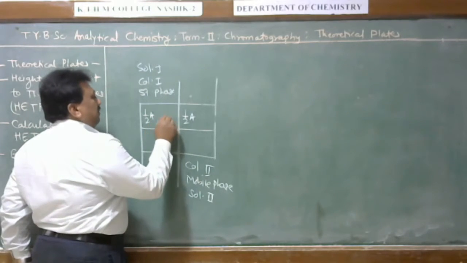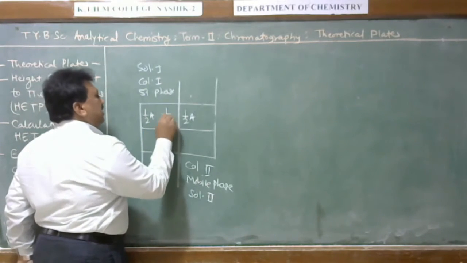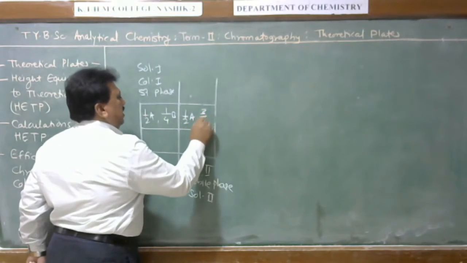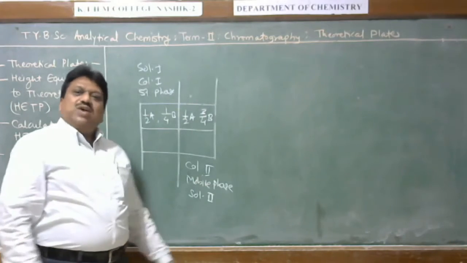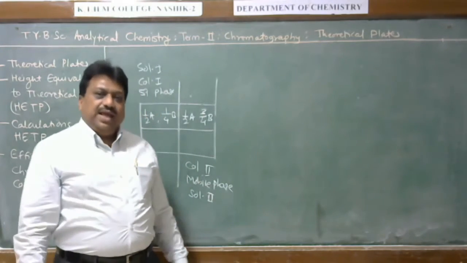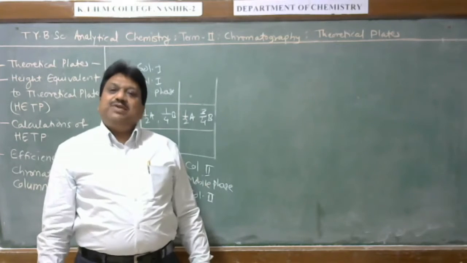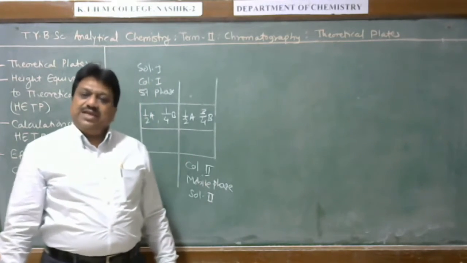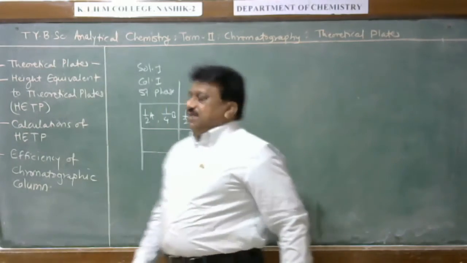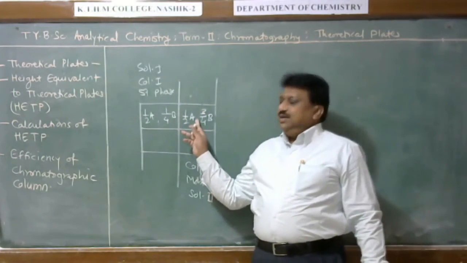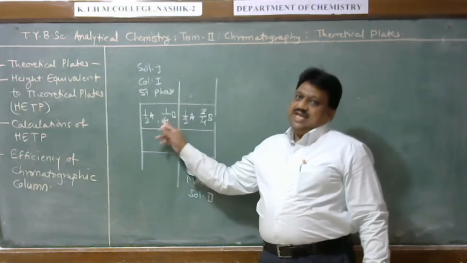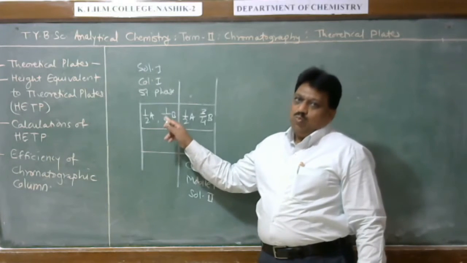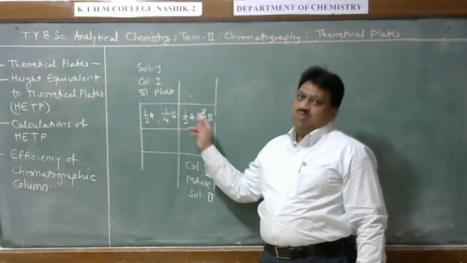Similarly, B is 25% soluble in the stationary phase and 75% soluble in the mobile phase. Therefore, 1/4 B will be in the stationary phase, while 3/4 B will be in the mobile phase. That means on the basis of solubility, these two components A and B get distributed into the single box of this matchbox model.